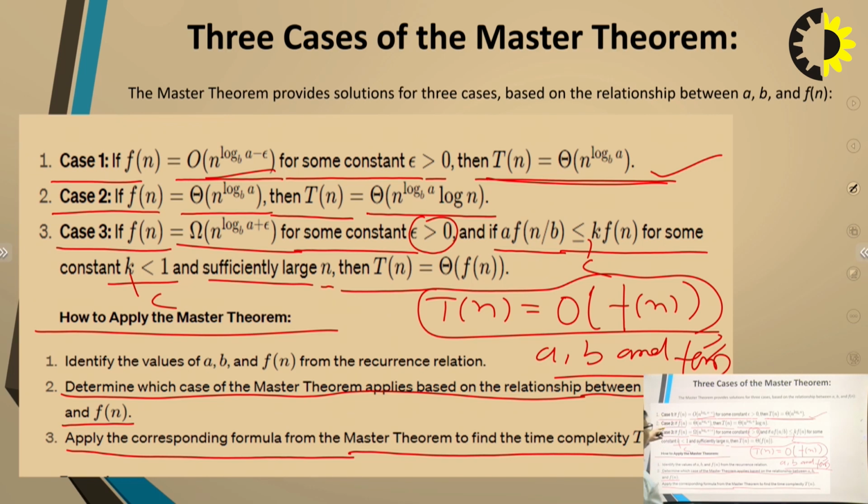Case 3 is very important. In our last example, c is 1/4, and 1/4 is less than 1, so the regularity condition is satisfied.